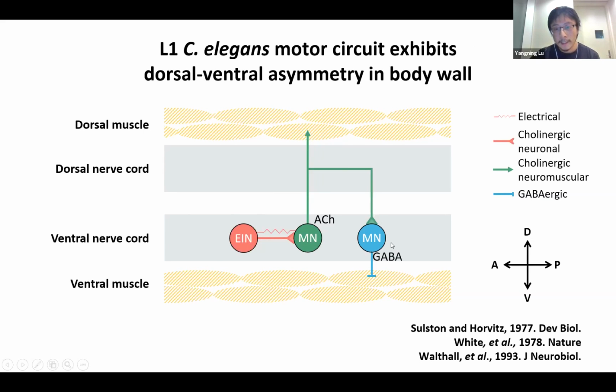At the same time, it innervates the GABAergic neuron that only innervates the ventral muscle. So basically, with this wiring diagram, you don't expect the behavior to be dorsal and ventral symmetric at all. You expect the dorsal muscle to be contracting all the time, whereas the ventral muscle relaxes all the time. However, as you just saw, this is absolutely not the case.